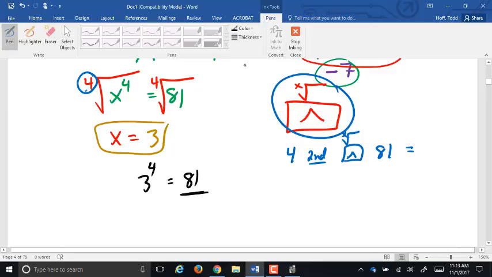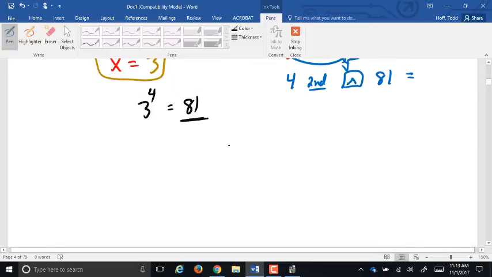So what we ran into then in the last class, and it was part of your preparing for next lesson stuff, is we have something like 5 to the power of x equals 25. Well, what does x have to be here? 2, there we go. 5 to the power of 2 equals 25. So we know x equals 2.